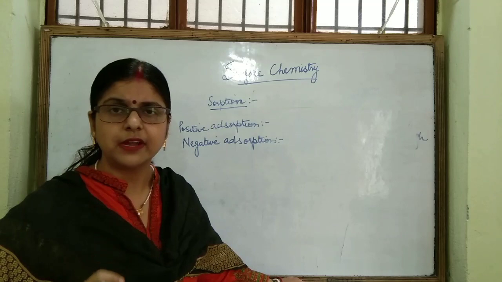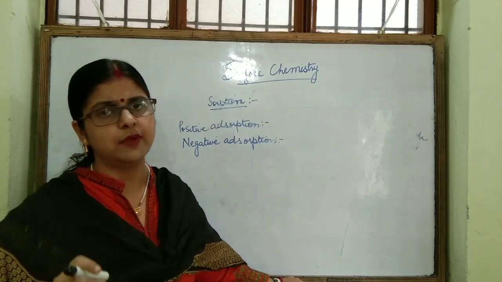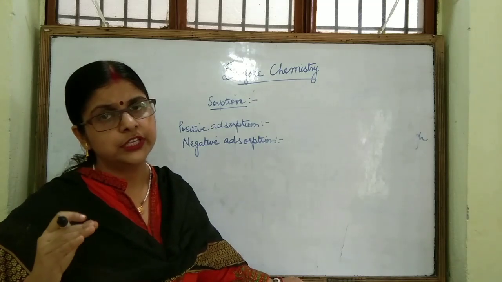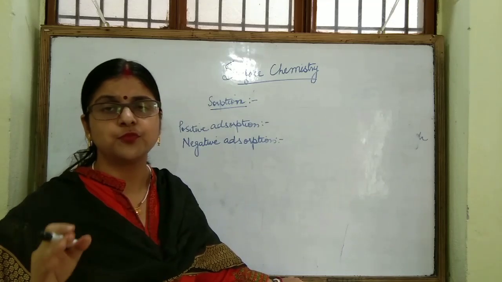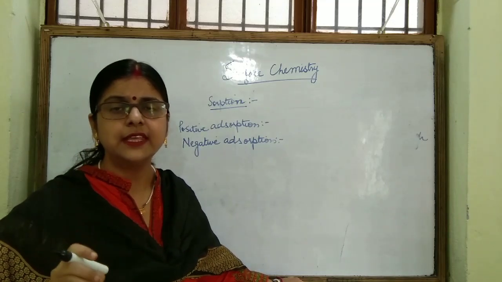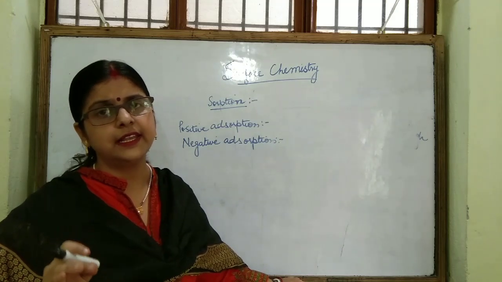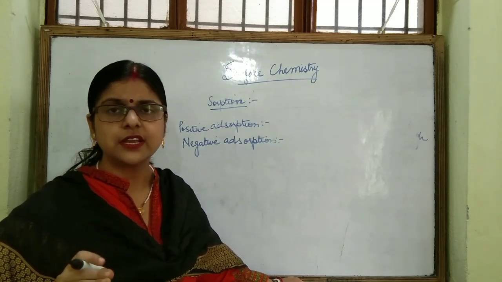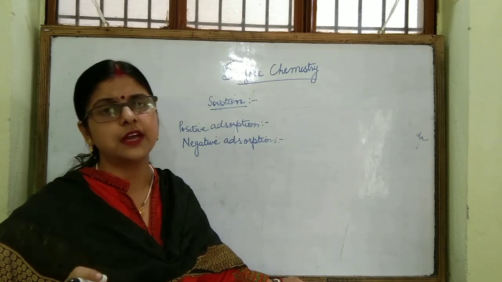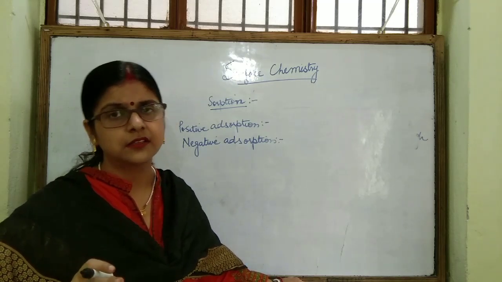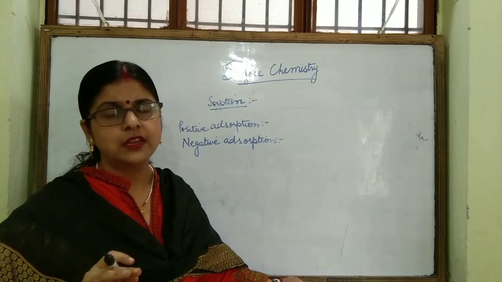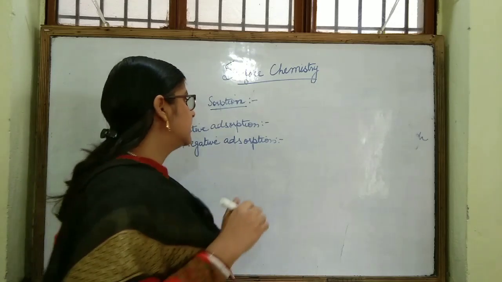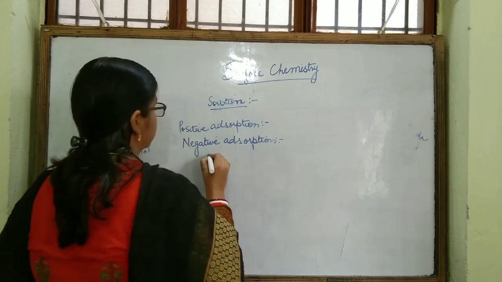So I hope you have understood positive and negative adsorption. In positive adsorption, the concentration of the species is more on the surface than in the bulk, whereas in negative adsorption, the concentration of the species is more in the bulk than on the surface. Okay. Now, there is another term, desorption.